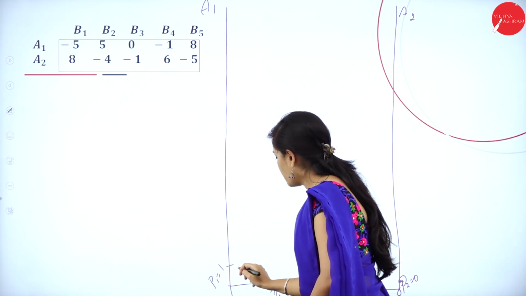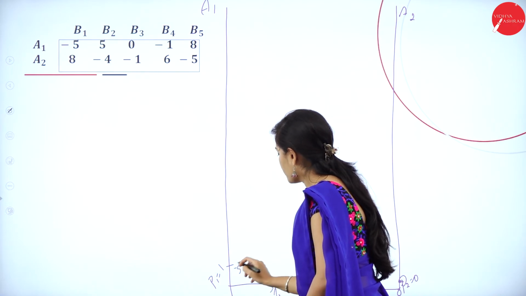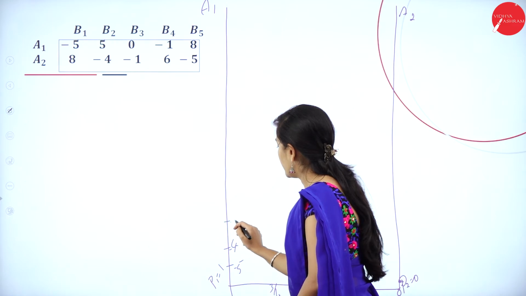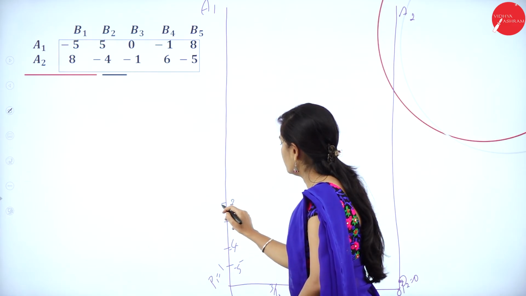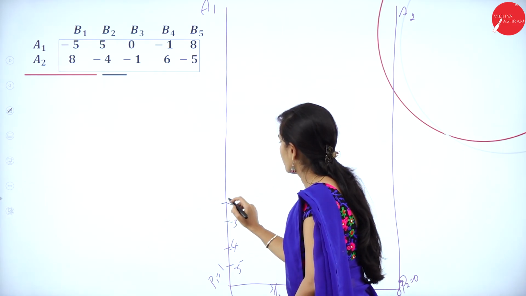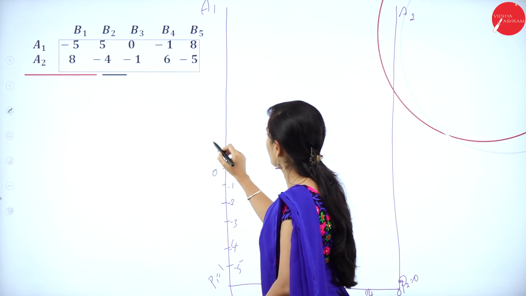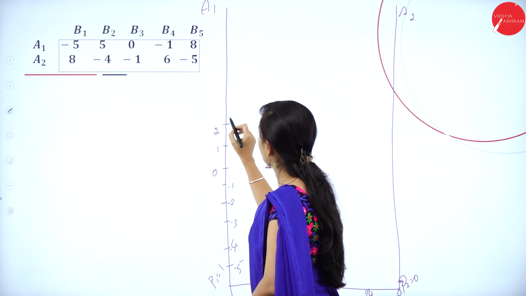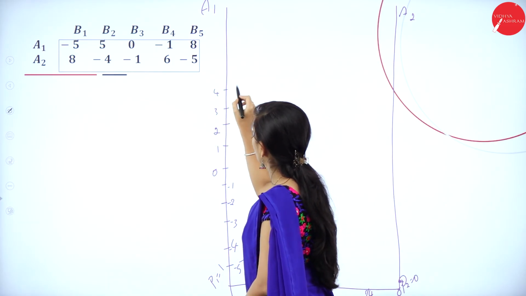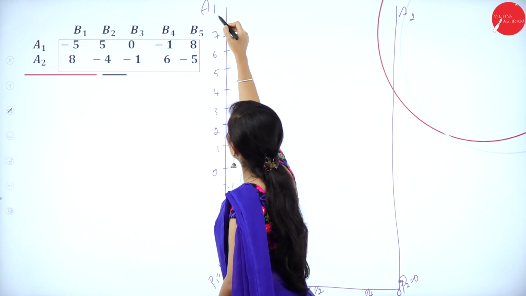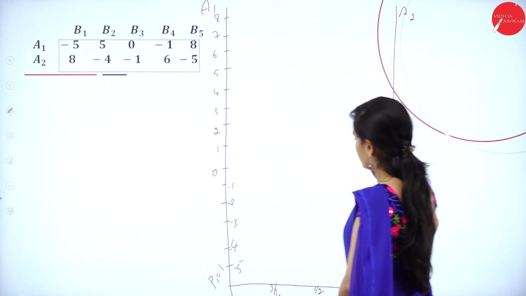So I will start from minus 5, minus 4 and minus 3, minus 2, minus 1. It is 0, 1, 2, 3, 4, 5, 6, 7 and 8.